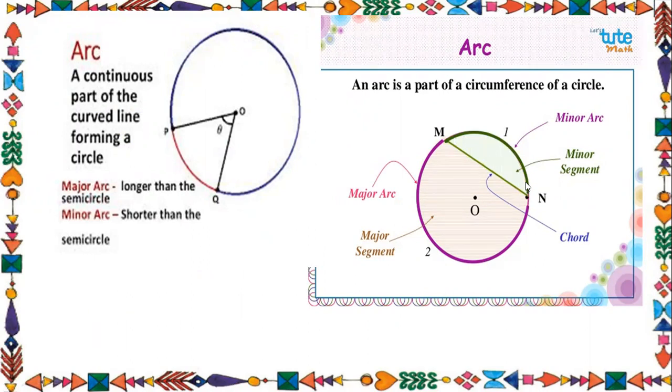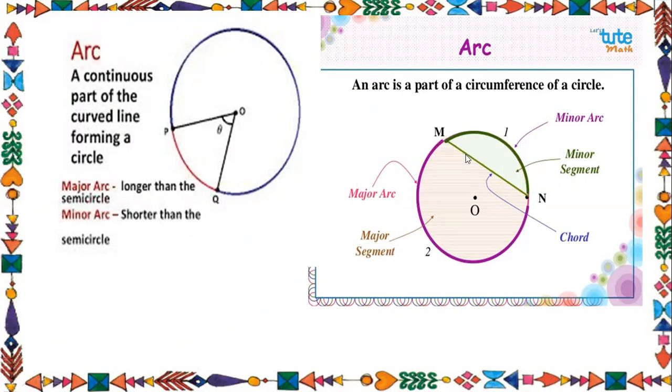We have two types of arc. This green is a smaller arc, so we call it minor. This purple outer line is a major arc. It is longer than the green one, so we call it major arc.